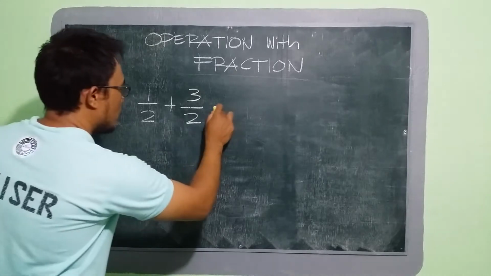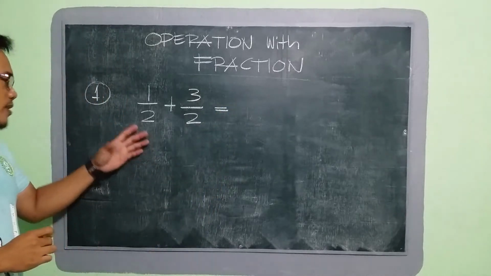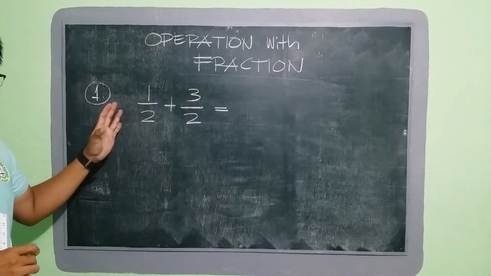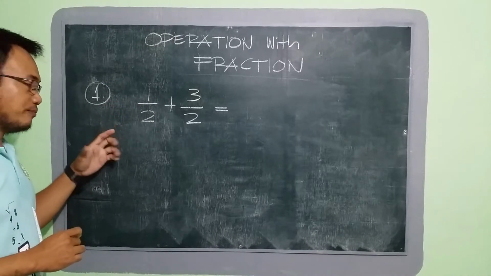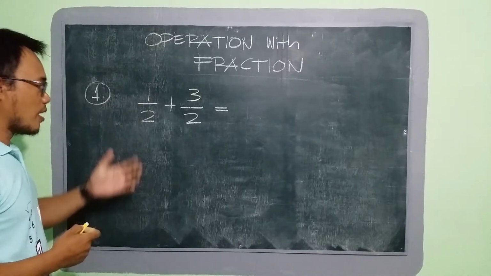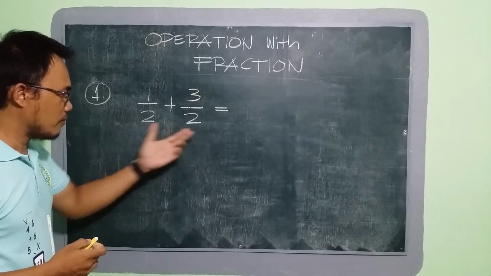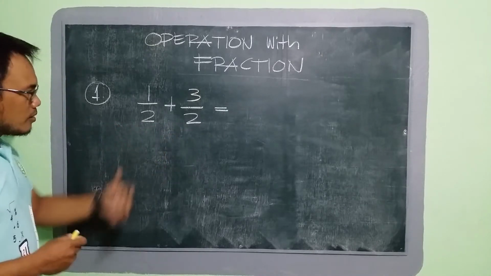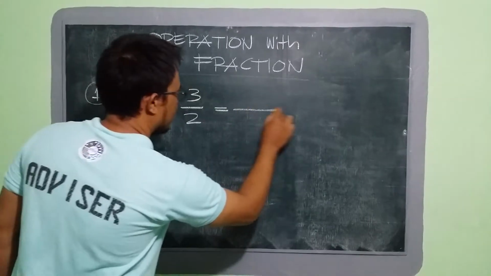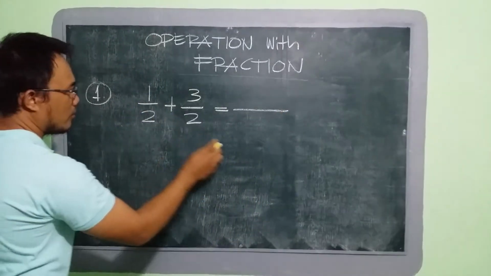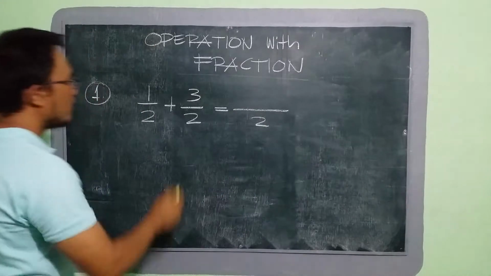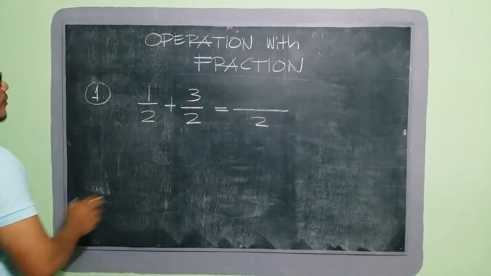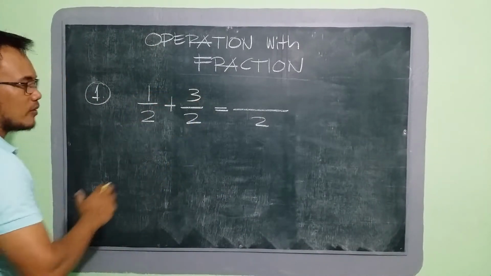So that is equal to, as you have noticed, the fractions given are what we call similar fractions because they have the same denominator, which is 2. So in this case, simply copy the denominator, which is 2, and add the numerators.